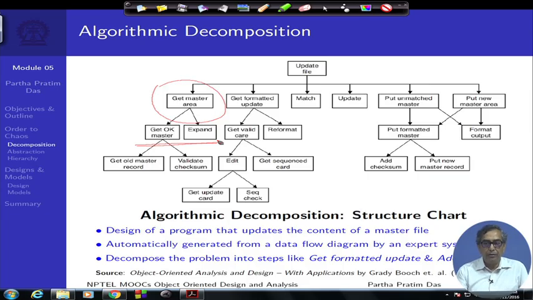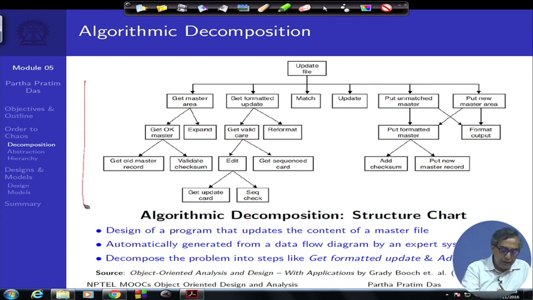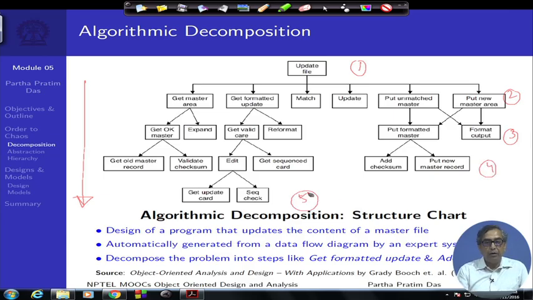It really does not matter that much if you do not specifically understand every detail of what these subtasks are in this particular case, because what we are trying to explain is a broad idea of how decomposition can be done. So, we can see that over this whole tree, this is the root level and levels 2, 3, 4 and 5, we try to solve this problem by algorithmic decomposition.